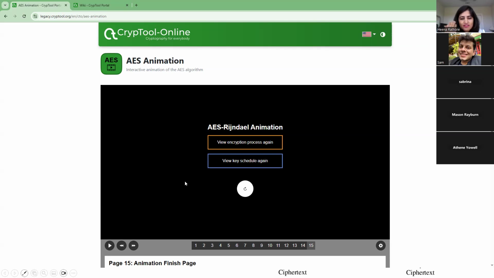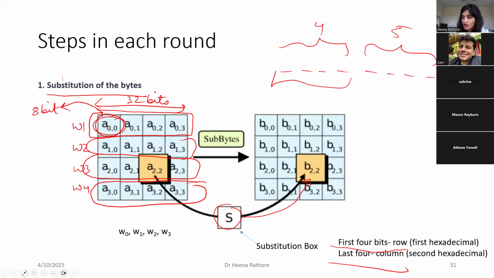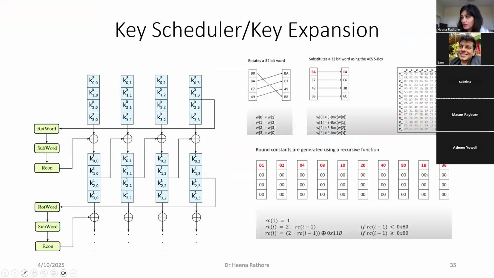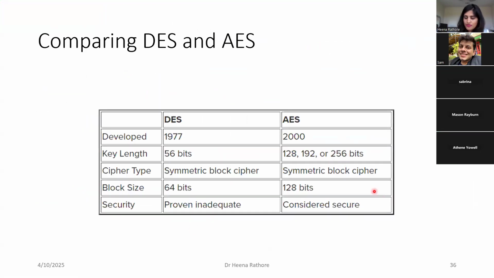They use substitute bytes, shift row, mix columns, and add round key. So these are the 2 standards which are important in cryptography. If you want to understand more on any of these, as I mentioned, CrypTool is one good website where you can go through the animation to understand it.